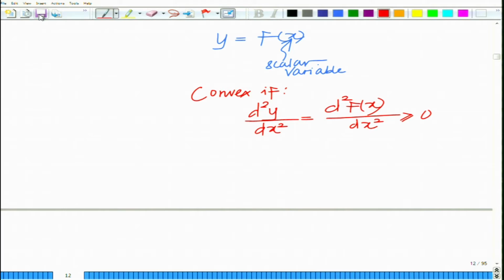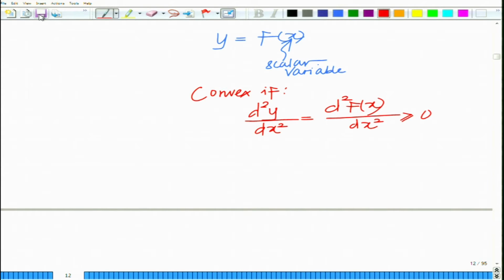And remember, this is for a function of a scalar, that is a function of a one dimensional variable x, of a single variable x. Alright. So, if the second derivative is greater than or equal to 0, then the function is convex.